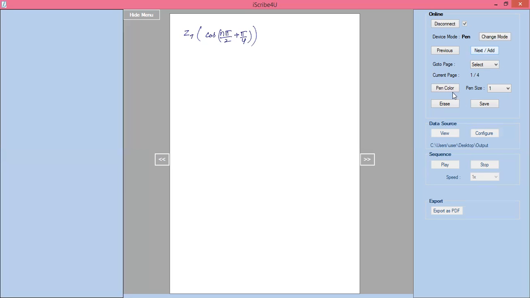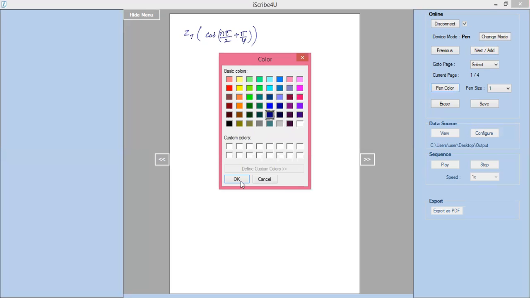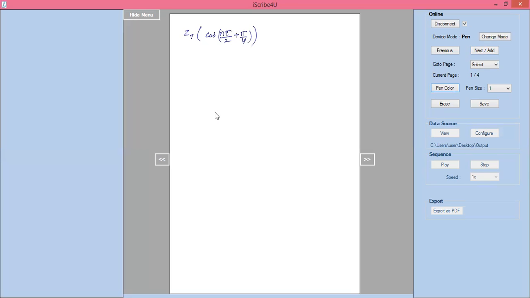Solution. I'll take u n equal to cos of n pi by 2 plus pi by 4.